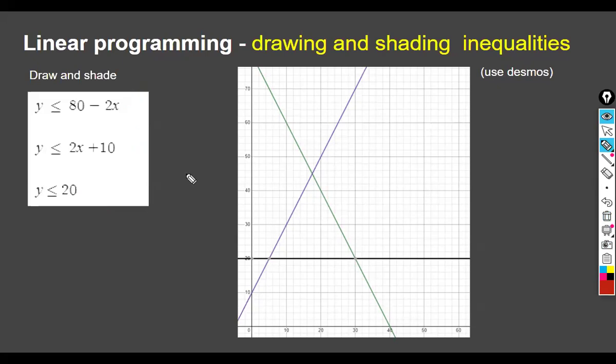Which means you're going to have to draw one table, do your calculations, calculate your x and y, draw the graph. Then you're going to have to draw a table for the next equation, and choose your values for x and calculate for y. And well, this one has no calculations. And at the end of it, they are going to tell you to shade the common region.